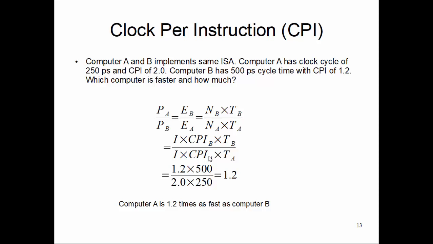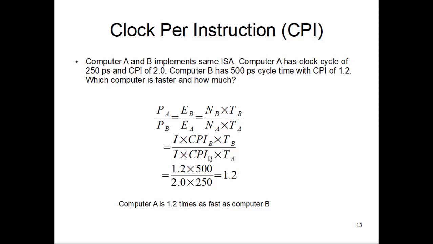Let's take an example. Computer A and computer B implement the same instruction set architecture. Computer A has a clock cycle of 250 picoseconds and a CPI of 2, so it takes 2 clocks per instruction on average. Computer B has a 500 picosecond cycle time with a CPI of 1.2. So the cycle time is doubled in computer B. Now, which computer is faster and by how much?